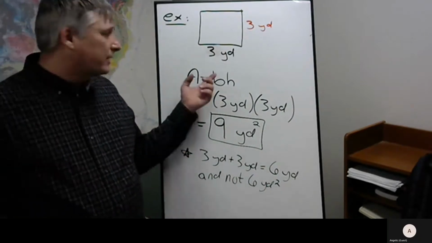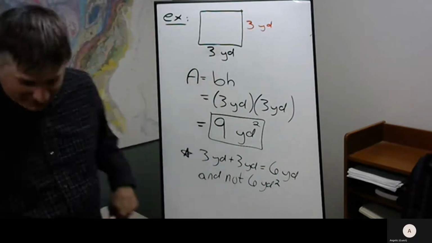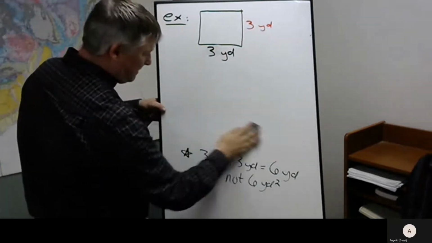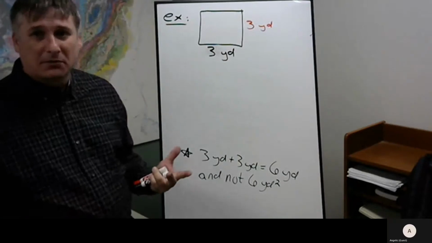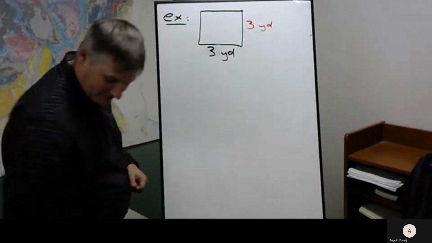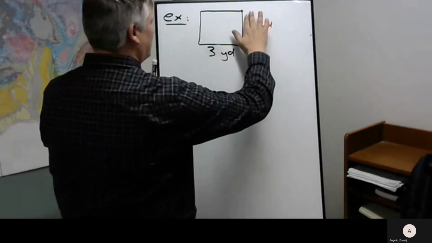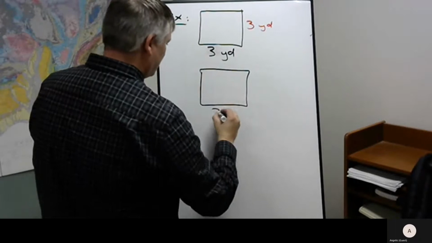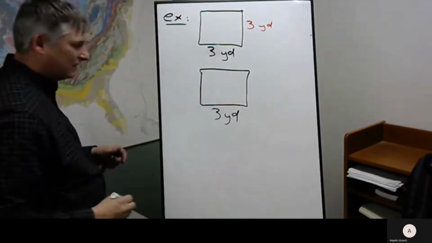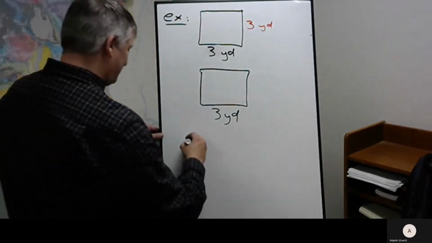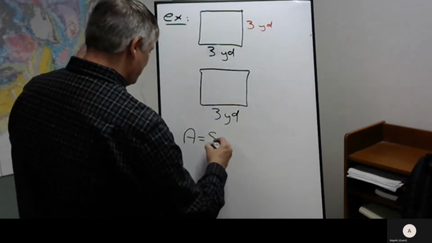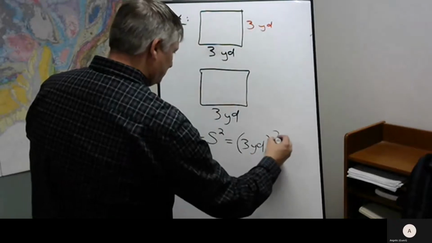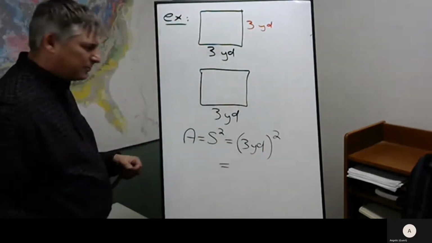Now I mentioned that there's a shortcut to this, and we're going to do the shortcut now. So the shortcut, because in the square, the base and the height are the same, we can just take 3 yards, and this is going to be our S. So 3 yards squared.